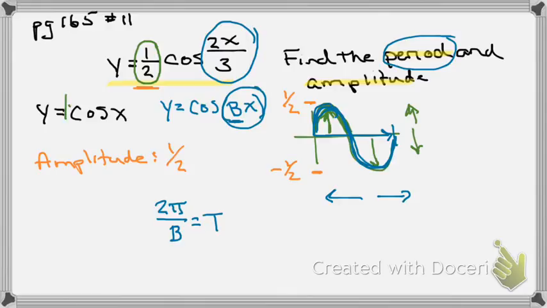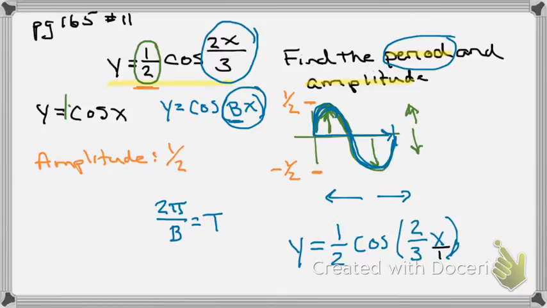I can write this function as 1/2 cosine of 2/3 x. If you're not great with fraction work, think of x as x over 1, and 2 over 3 times x over 1 would be 2x over 3. So my b factor is 2/3.